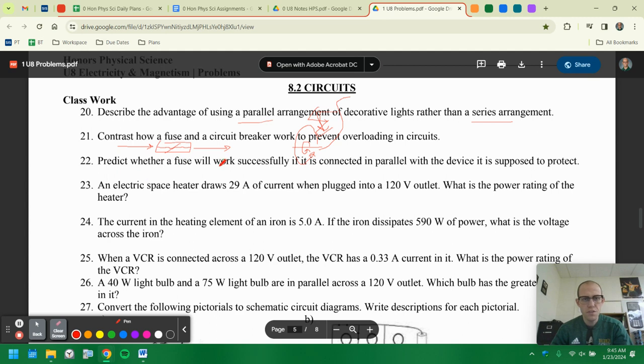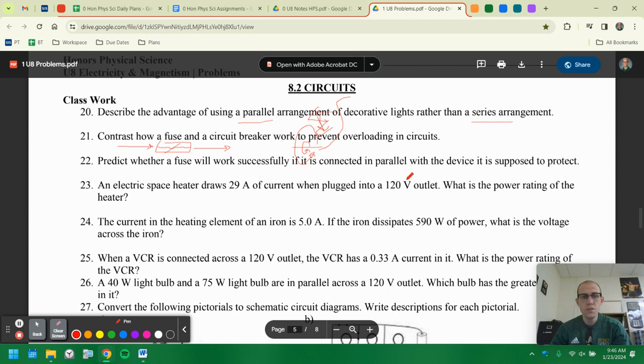Predict whether a fuse will work successfully if it is connected in parallel with the device it is supposed to protect. Well, if something's in parallel, it's going to go through both pathways.